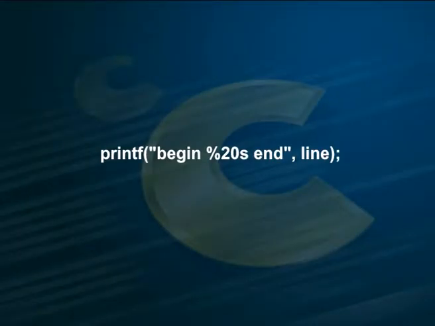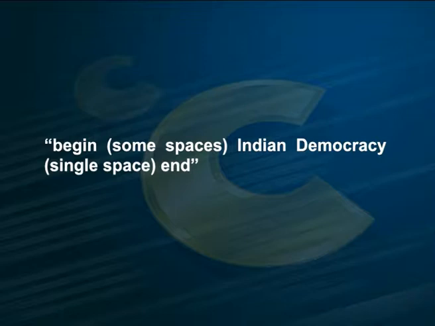In contrast to this, the number before the decimal starts making sense when it is more than the actual length of the string. This width field is particularly useful when we are printing the contents of a table. printf("begin %20s end", line); prints begin, some spaces, Indian democracy, single space, end, so that the string field is of width 20 characters.